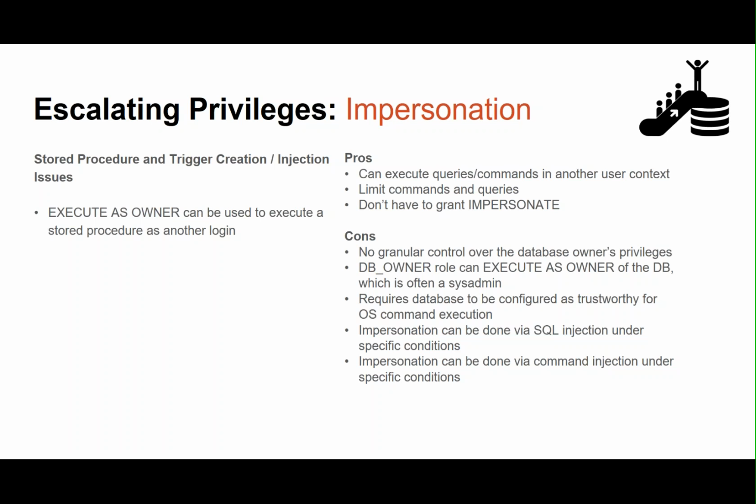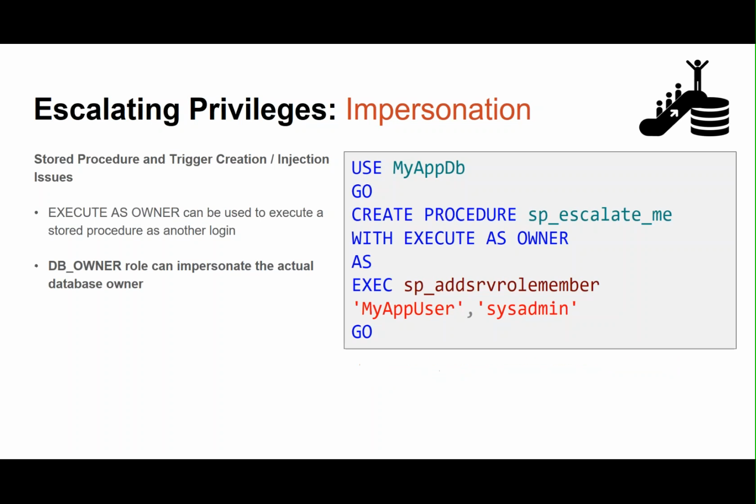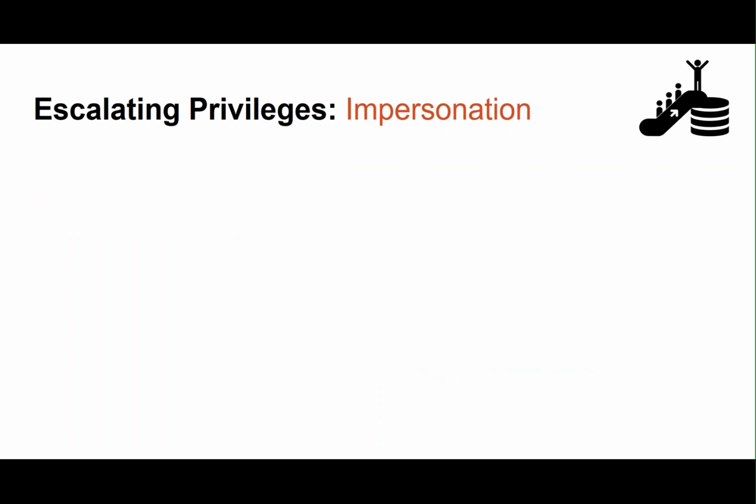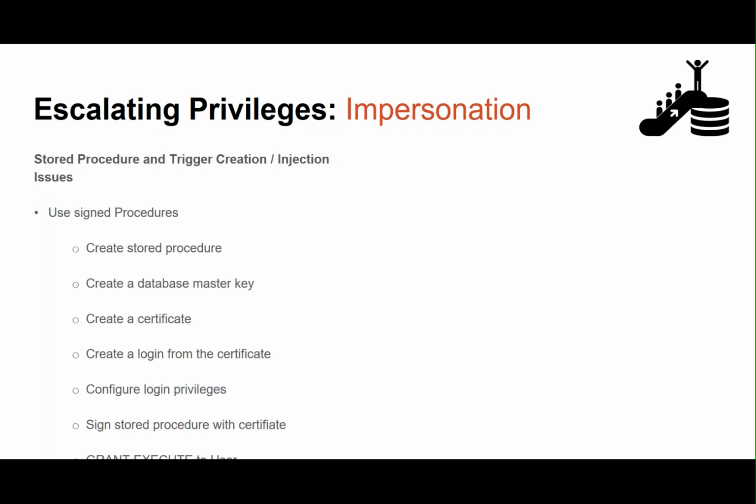And if people are programming these insecurely and using concatenated strings all over the place, then SQL injection and command injection can be done on an ad hoc basis to extend the intended functionality of the stored procedure. So this is a really basic example in which there's a stored procedure with the execute as clause. It's pretty straightforward.